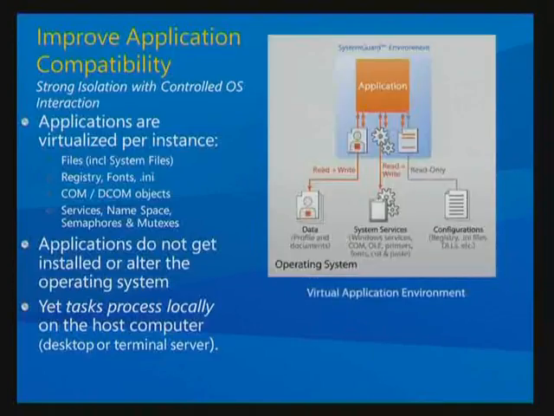So when we have a virtual environment, what we do, let's see if I can do this without killing my ears again, is we take the application, we allow it to read-write the data still, and that's important because you need the application to be able to save documents into the My Documents folder, things like that. And we still allow calls out to the system services and to configuration, but for things that are, and we do this based on looking at the application, we trap a whole bunch of the calls as read-only.